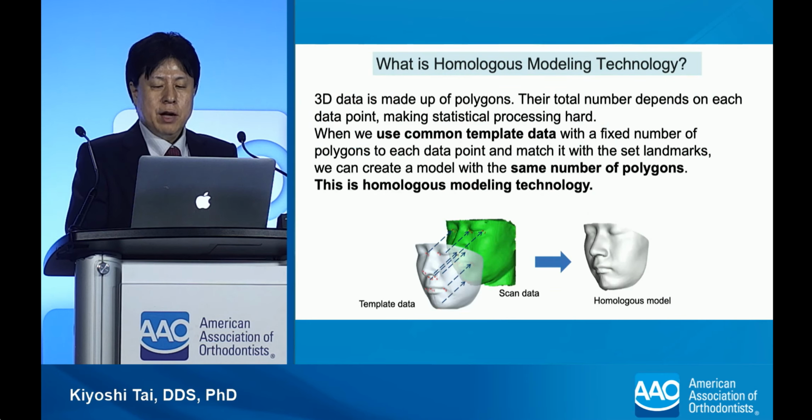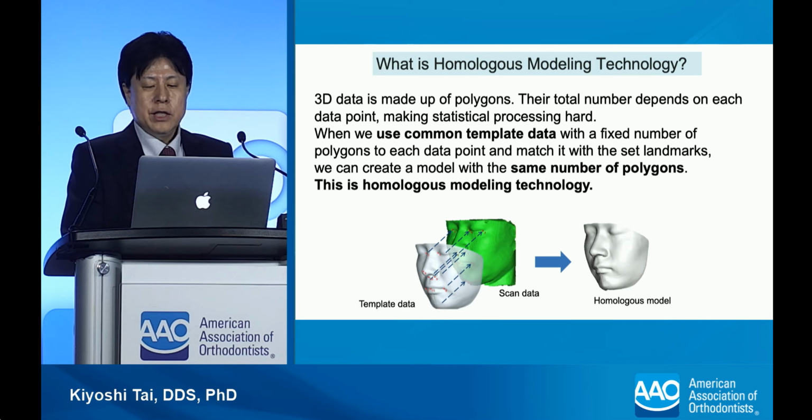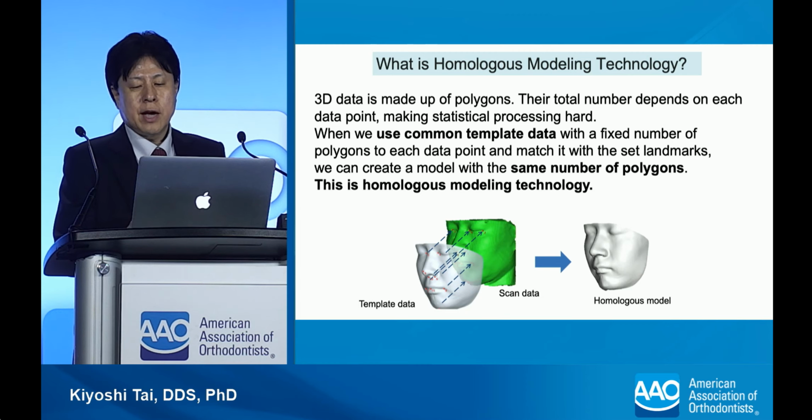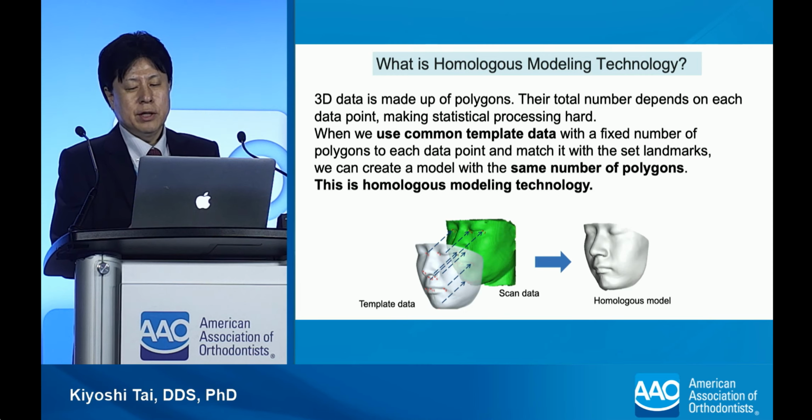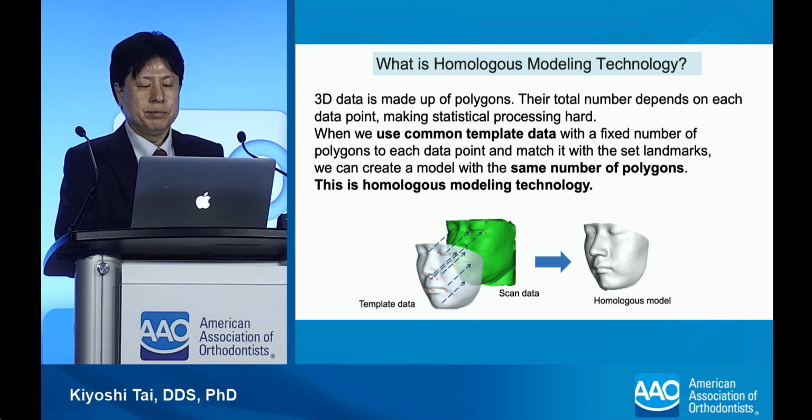3D data is made up of polygons. The total number depends on each data point, making statistical processing hard. When we use common template data with a fixed number of polygons for each data point and match it with the set landmarks, we can create a model with the same number of polygons. This is the homologous modeling technology.